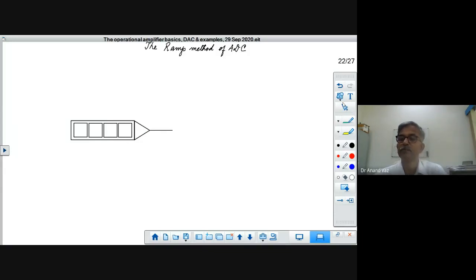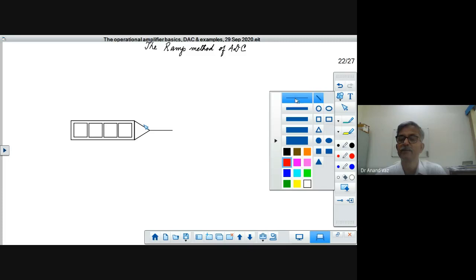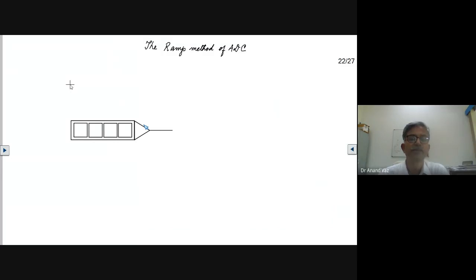So let us take also the signal that we are interested in acquiring. Let us say that the signal is available here. We will of course take this signal after proper processing.